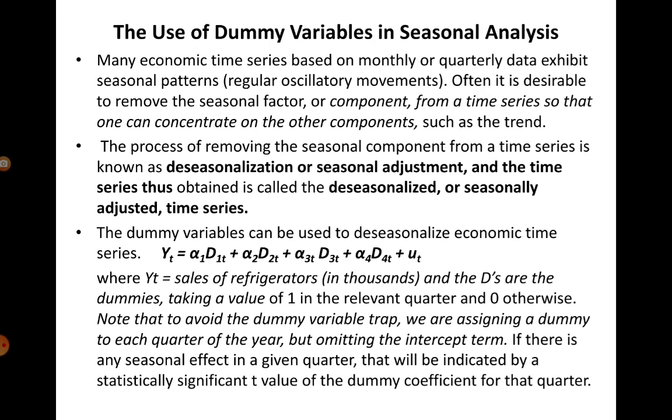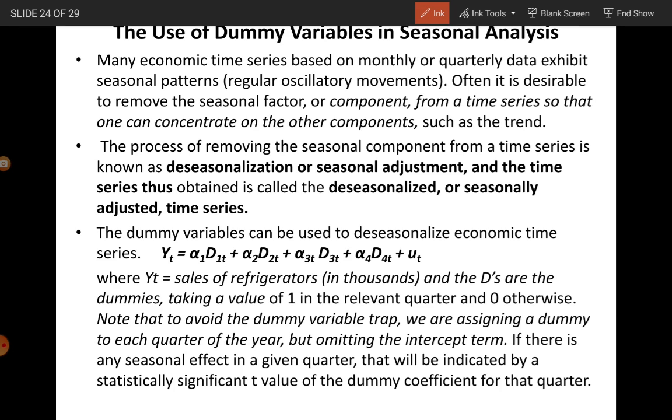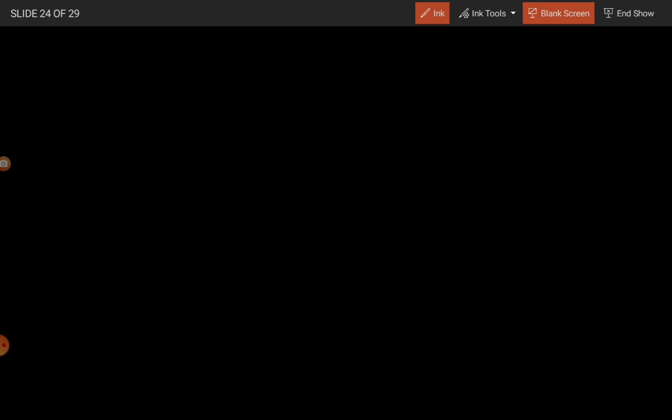In time series analysis, you might have learned this in your undergraduate courses, that in time series data we have 4 types of components. We have the seasonal component, the cyclical component, the trend component, and an error component.